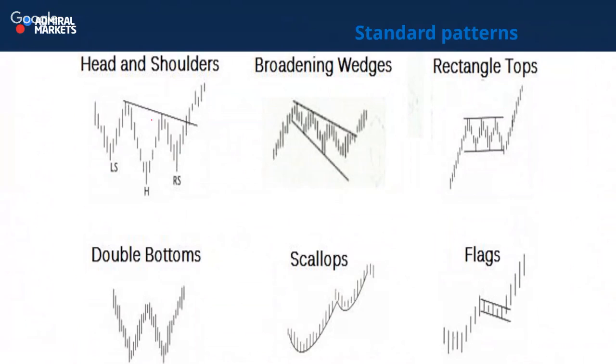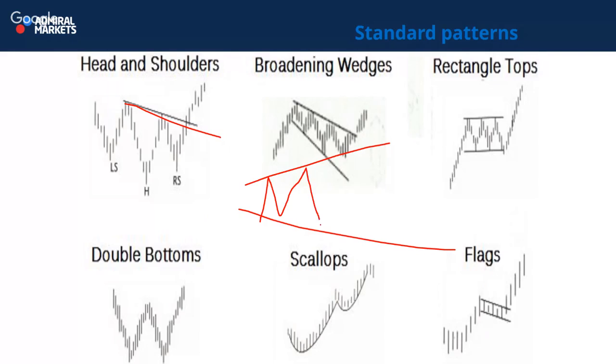So here, this is standard teaching, also broadening wedges, guys. We won't be mentioning broadening wedges in any tradable environment, because I don't like to trade megaphones, broadening tops, broadening wedges. I don't like it personally, especially when it comes to a megaphone pattern, broadening top, some call it.